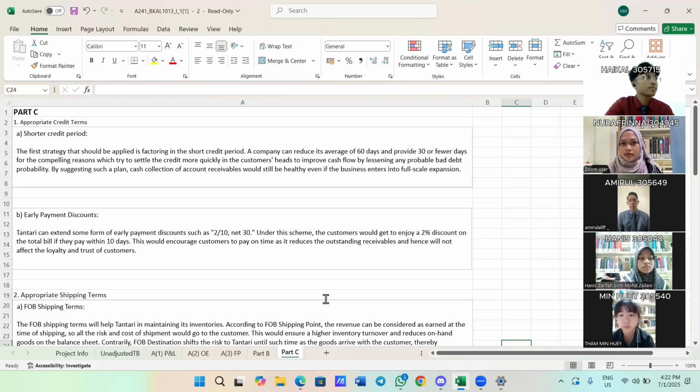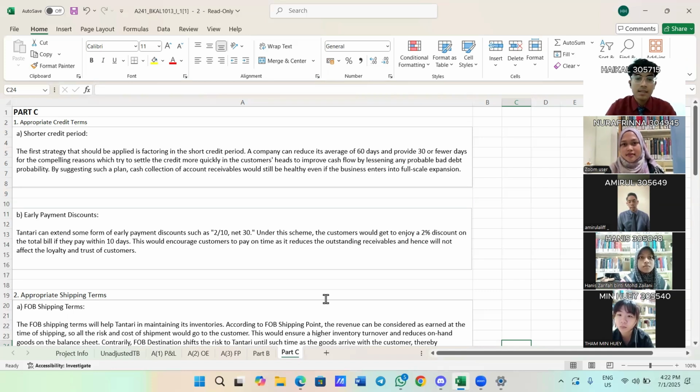Anybody have other answer for question 1? I think the other answer rather than shorter credit period is early payment discount. The company can extend some form of early payment discount such as 2/10, n/30.